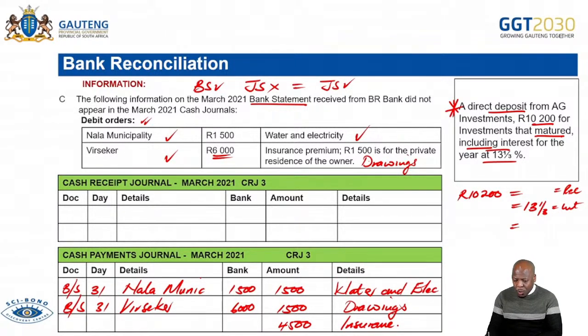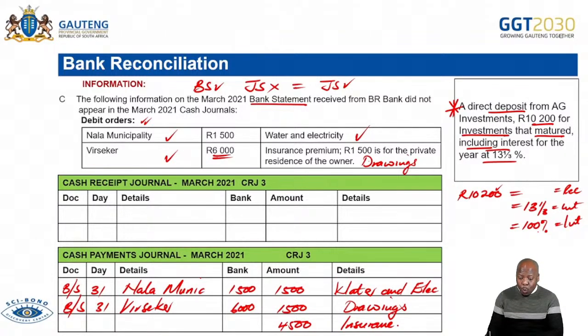And I know that what we have received is interest, including the investment. So I also have the investment, and that investment on its own is a full investment. That means it's 100%. So the 10,200 that we've received is not 100% alone.